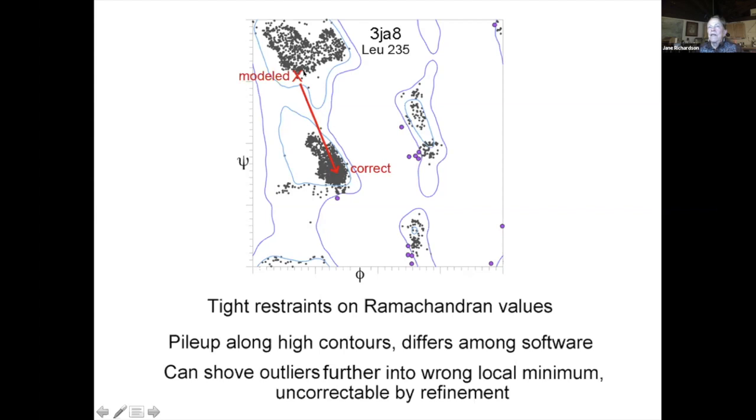And so presumably this point was somewhere in between, maybe out here or whatever, and it got pulled in by Ramachandran restraints into the edge of beta and even way inside beta, and it really should be alpha helical.